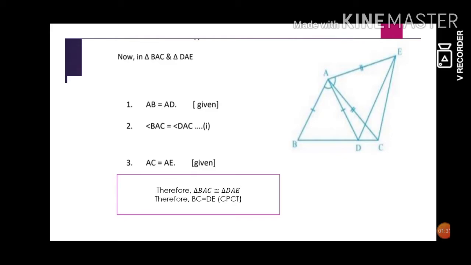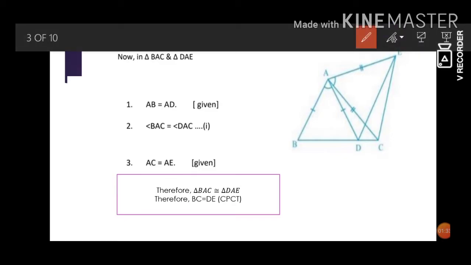Now we will consider triangles ABC and DAE. In these two triangles, AB and AD are equal, angle BAC and angle DAE are equal, and AC and AE are equal.